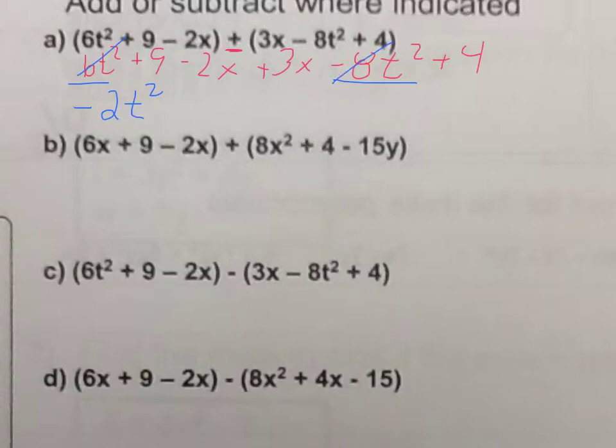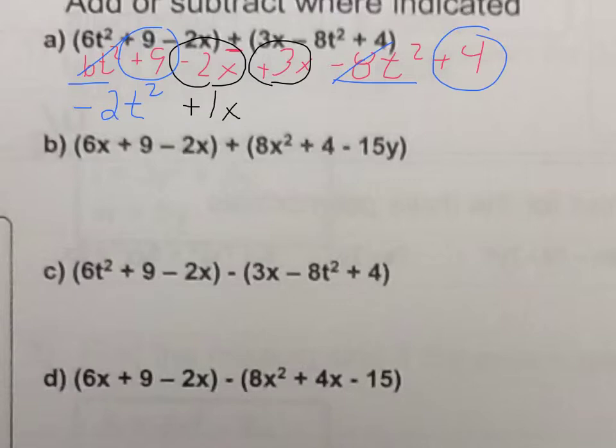And now I'm going to deal with my x's because that would be next in standard form. So I'm going to circle them all so I have them. And I'm left with negative 2 plus 3, which is plus 1x. And now I want to deal with all my constants, which will be positive 9 plus 4, which is plus 13.